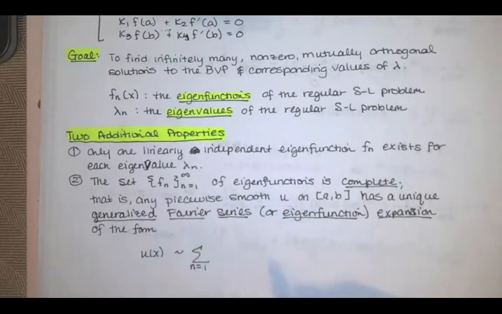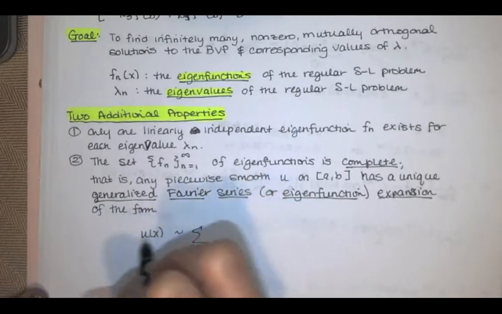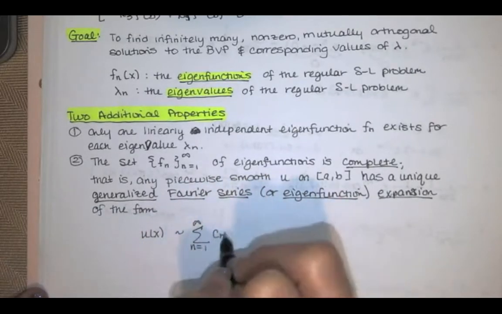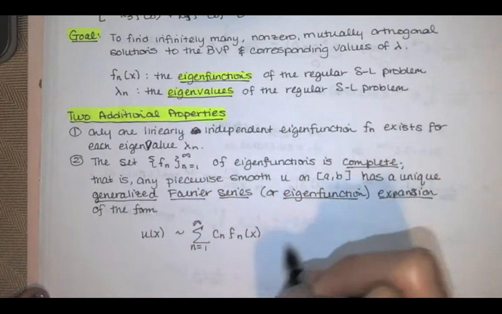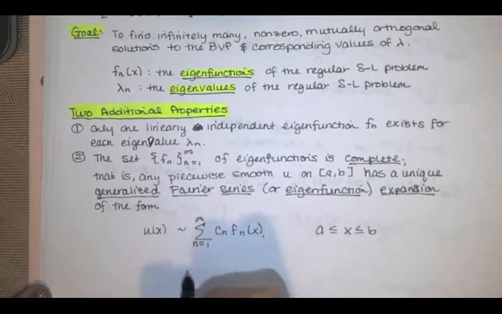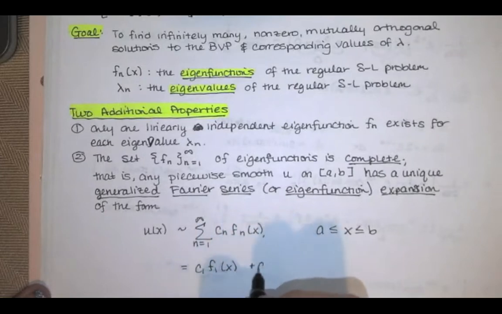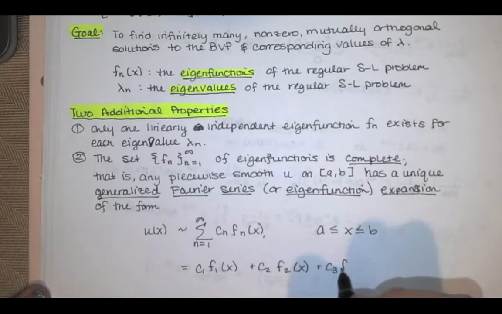And we use a tilde there because they're not always equal to each other. They're only equal at the points where this function u is continuous on the interval from a to b. But if we expand this, we see that this is c sub 1 times f sub 1 of x plus c sub 2 times f sub 2 of x plus c sub 3 times f sub 3 of x.